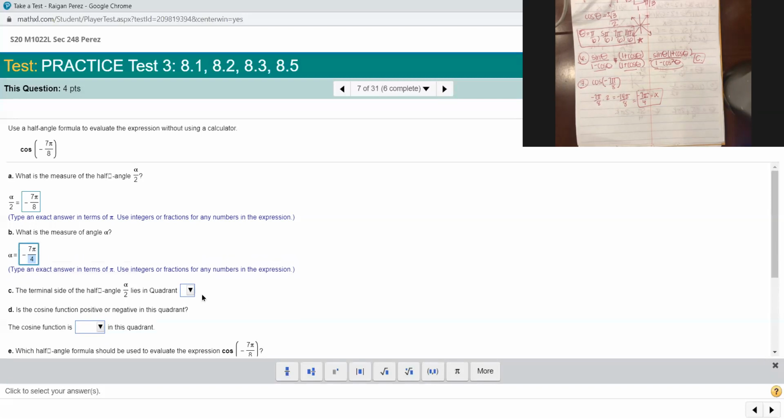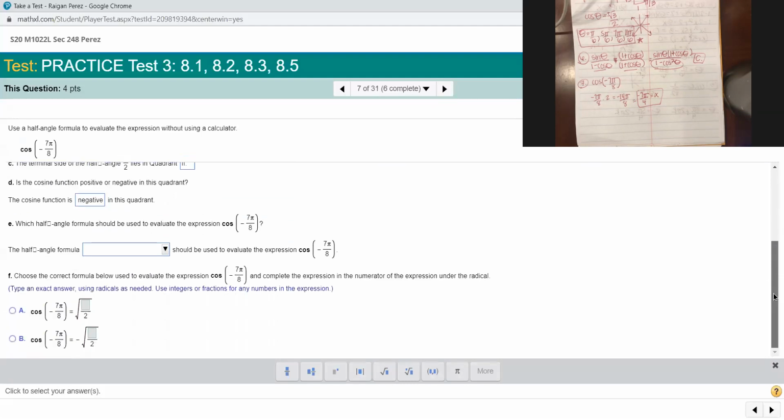Okay, where does the terminal side of the half angle lie? So 7 pi over 8 is in quadrant 2. Cosine is negative in this quadrant. So the negative is 1 plus cosine over 2, but it's got to be the negative 1.